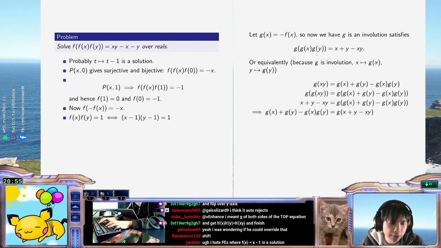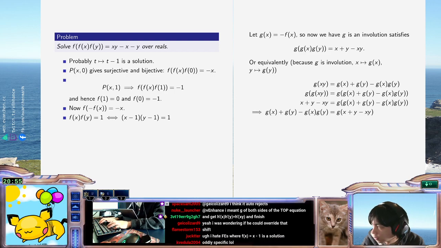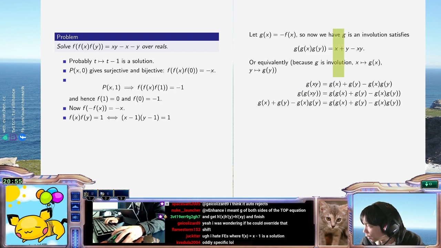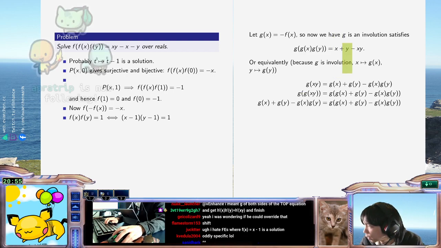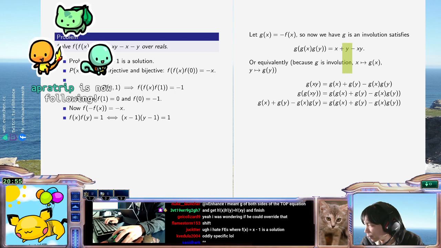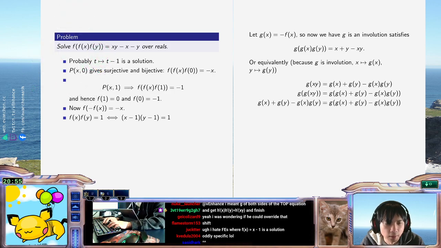G of x plus G of y minus G of... So I keep replacing the variables over and over. That's also not correct though. So g of xy is g of x plus g of y. No, what am I talking about? This is just xy.